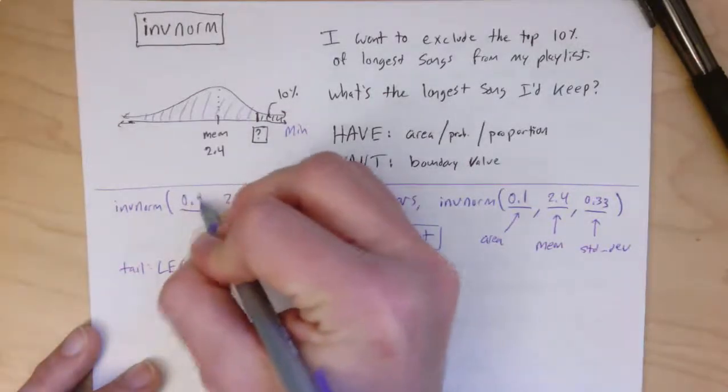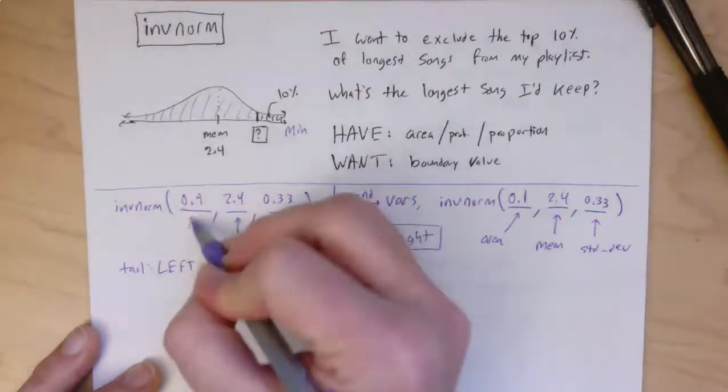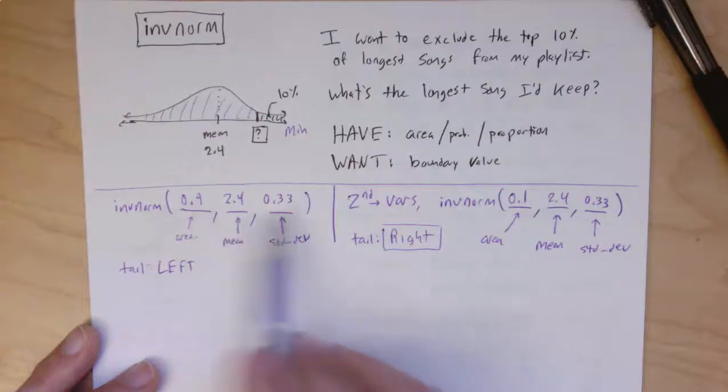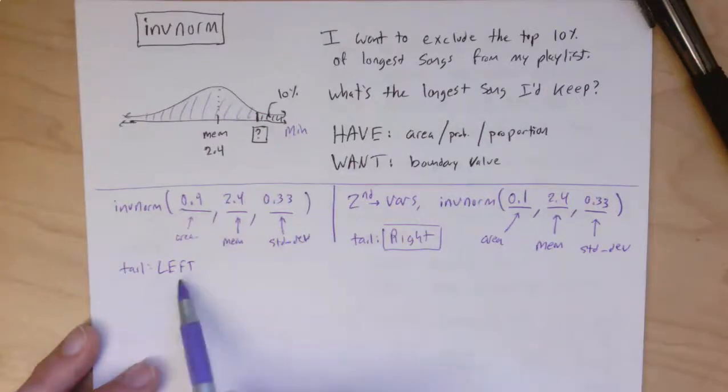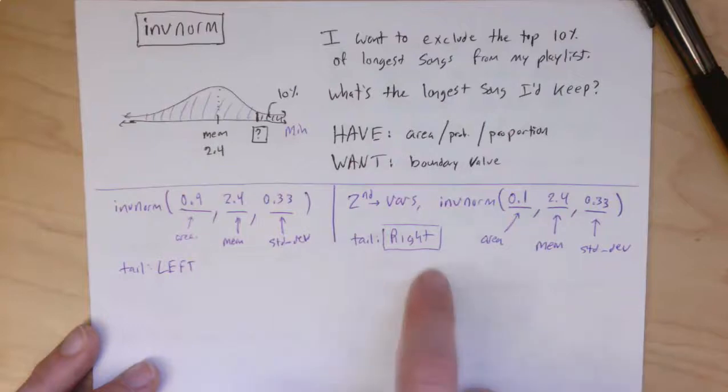So we'd use the second vars, inv_norm, but then the area we're looking for is an area of 0.9 with a mean and standard deviation as before, and then the tail is to the left. But you probably wouldn't see a tail menu. It would just be like automatically to the left. And that number should give you the same value as the one over here.